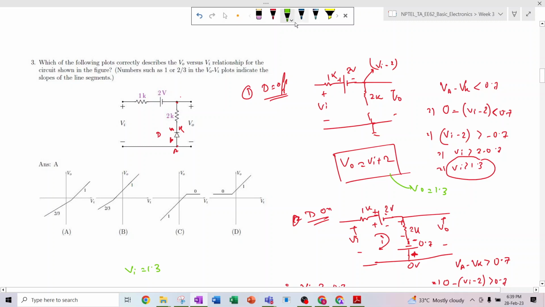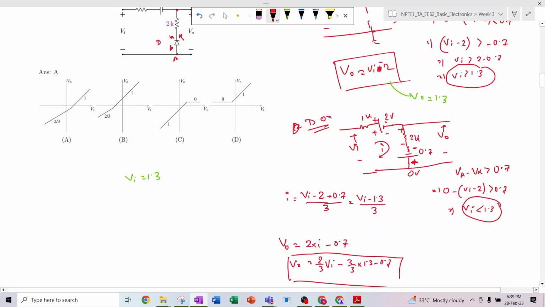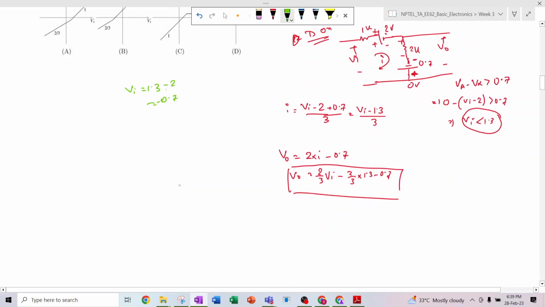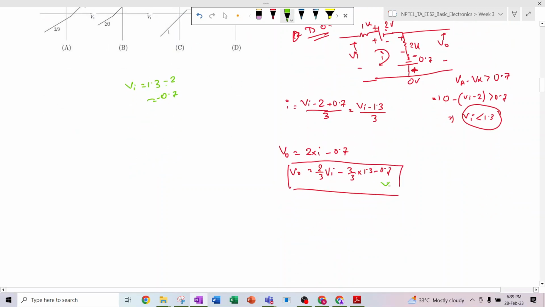Okay, yeah. So this VO will be Vi minus 2, because this is the positive terminal and this is the negative terminal. So if I put in 1.3 minus 2, which is nothing but minus 0.7 volt. Similarly in this case also it will come as VO equal to minus 0.7 volt.